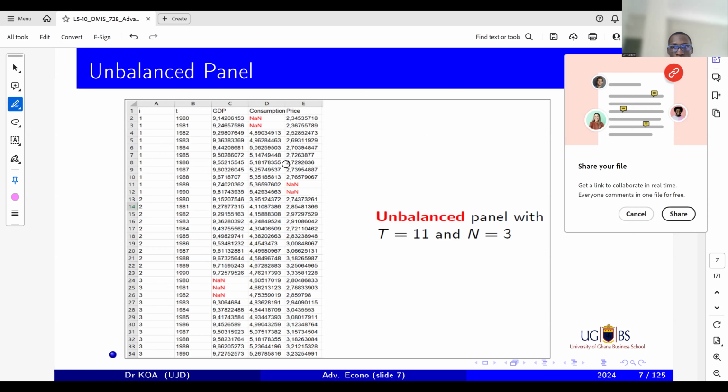If you look at this example, it's an unbalanced panel. You still have 1988 to 1990, but in some of the years you don't have consumption values. What this means is that there are now three ways you can handle this.